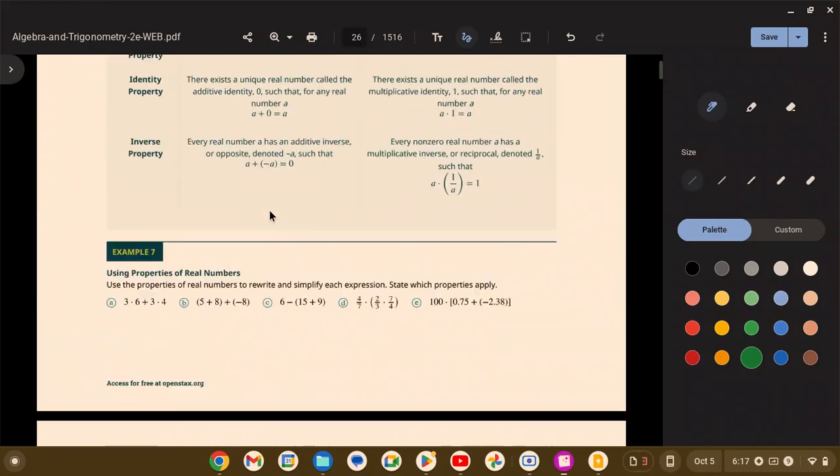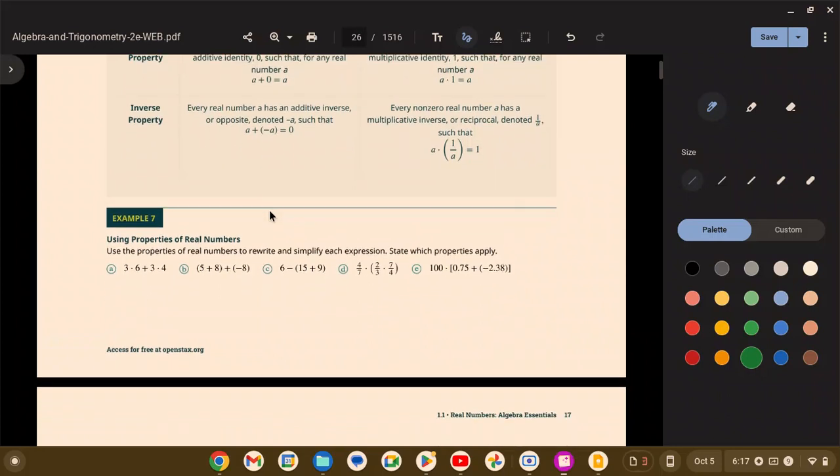Okay, example 7. Using properties of real numbers. Use the properties of real numbers to rewrite and simplify each expression. State which properties apply. For this one, to rewrite and simplify, we have a common multiple, the 3. So if we pull a 3 out, it's the same as adding that. It's negative 8.